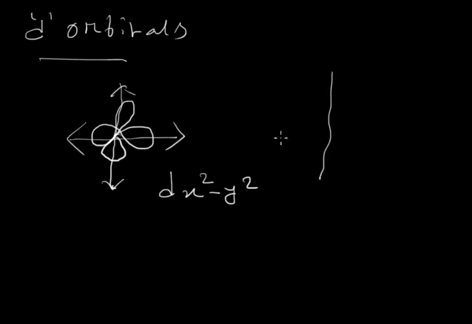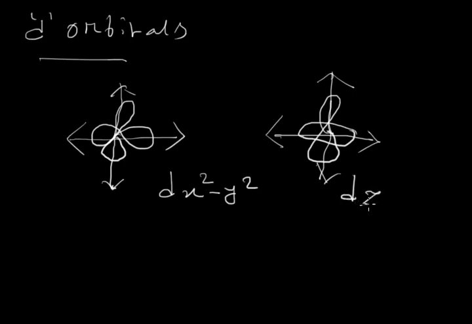If the lobes are directed along the z-axis like that, it is called the dz square orbital.